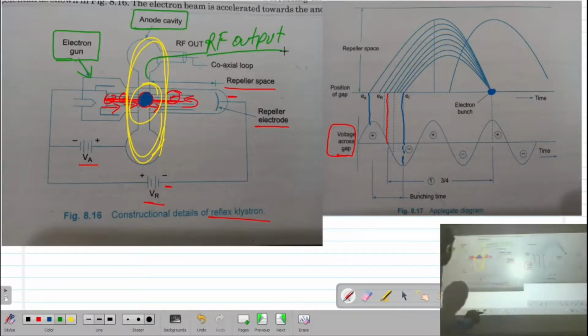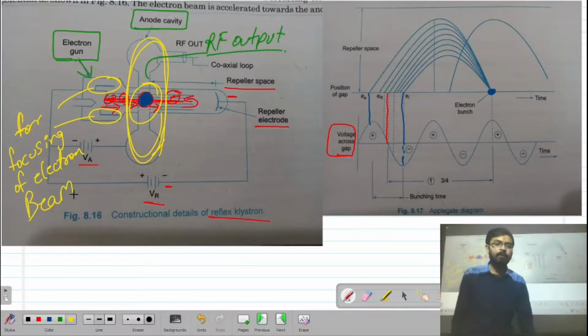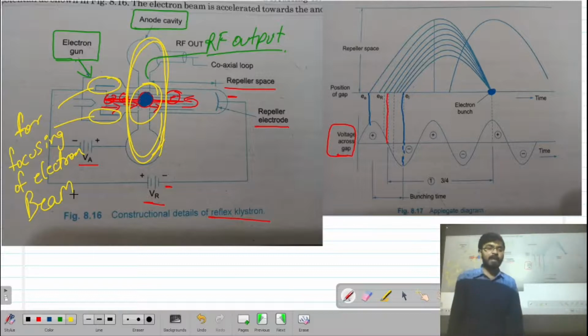Again, one more thing I want to highlight over here: you can see these plates. These plates are for focusing the electron beam.